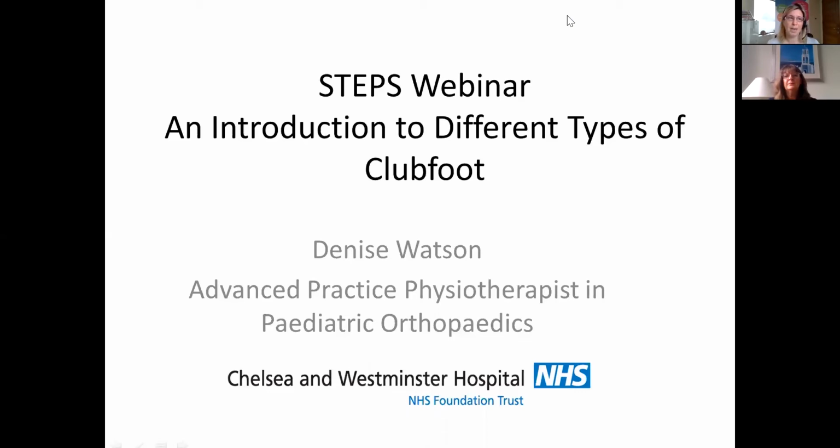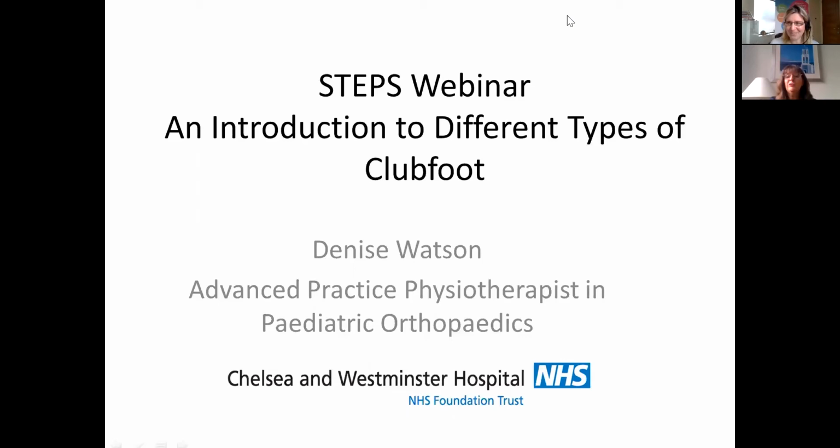And therefore, when we talk about Ponseti for idiopathic clubfoot, we receive a lot of questions with regards to clubfoot that is not idiopathic but is atypical, and therefore it's important for parents to understand the difference between the clubfoot that do exist and also the treatments that a health professional might go through in order to support the treatment of the child.